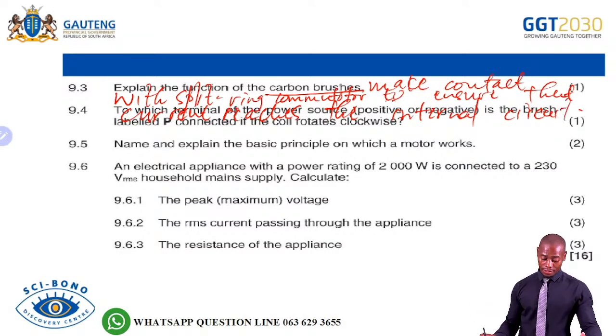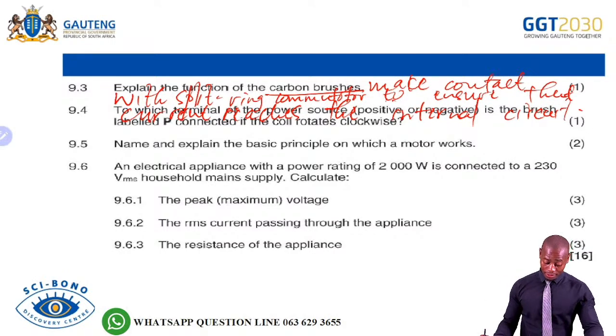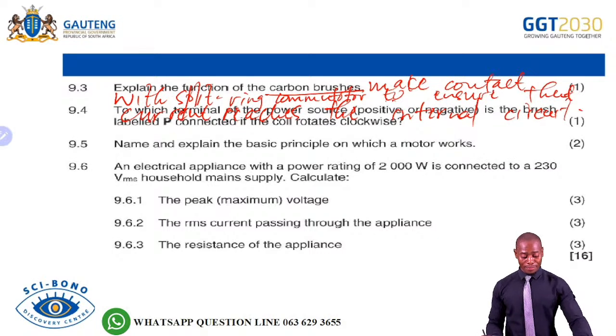Right? So that is the function of the brushes. So they make contact with the split ring commutator to ensure that the current also reaches the internal circuit or the coil.